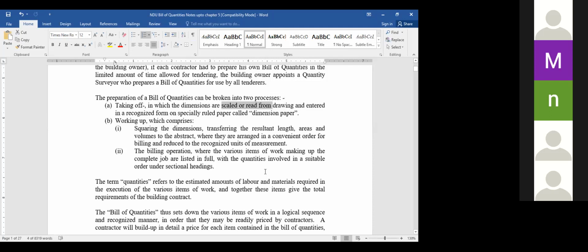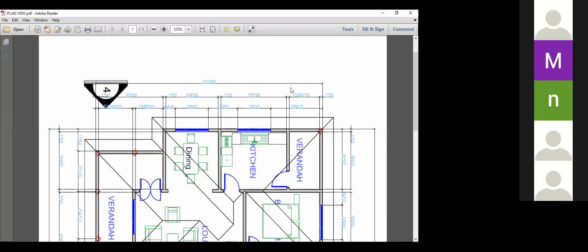When we come to the plan, you're going to find we have the dimensions here. For example, this is 12,300, we have 1,800 here, and so on. We have those various dimensions. What you see on the plan are what we refer to as figured dimensions. Like you can know this window is 1,000 straight away.